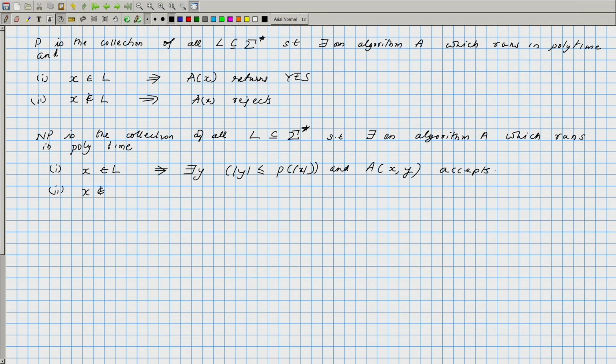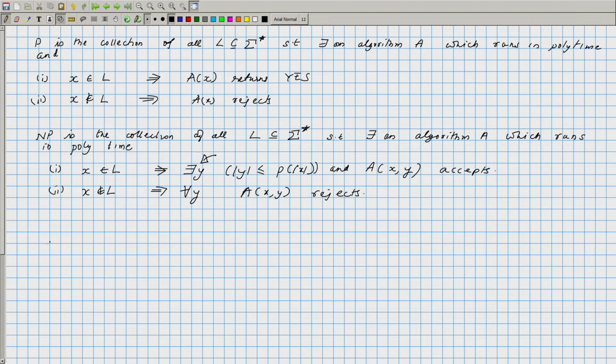When x does not belong to L, this would imply that for all y, A x y rejects. Okay. So, this y you can think of as a certificate or the proof that x belongs to L.